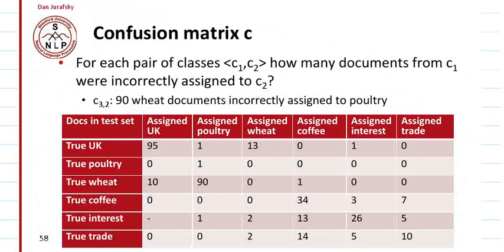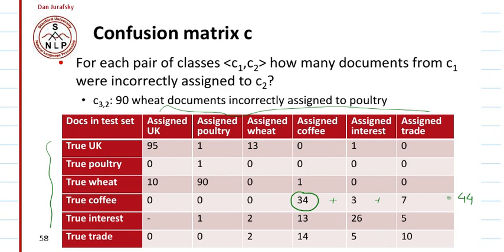So this is the true one, and this is the predicted one. We see here that the true coffee is 34, and the system has also assigned 34. The total number of true coffee examples is 34 plus 3 plus 7, that is 44.